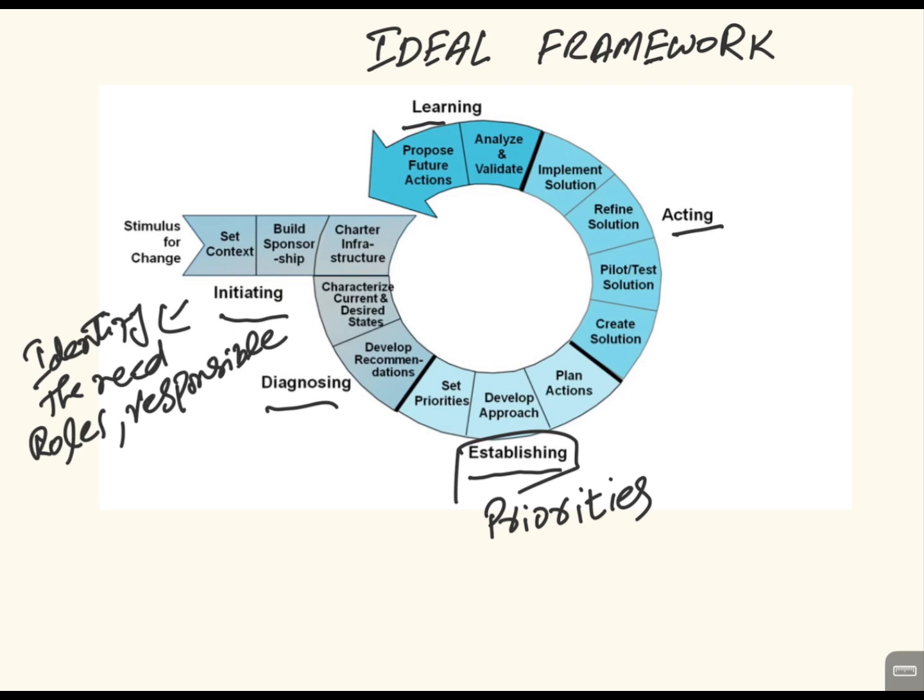Develop an approach. What technology, process, or framework will be used? Here we also need to decide which framework, which process, which technology needs to be used. Plan actions: who will do what? That is very important. Roles and responsibilities. Who will do what, and when.